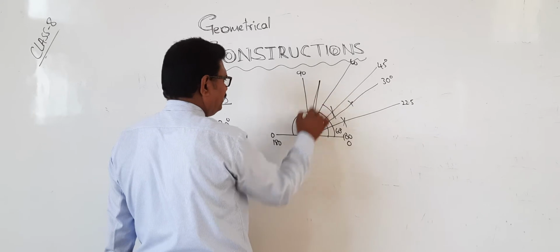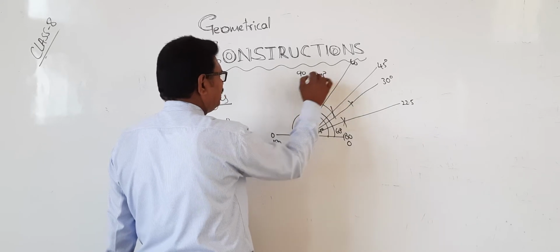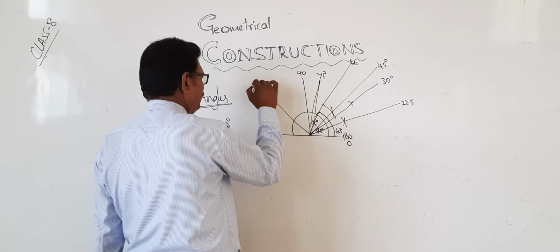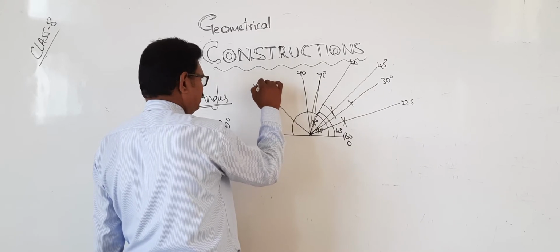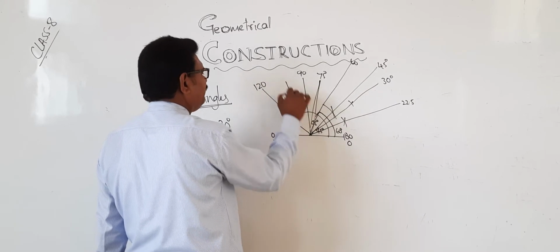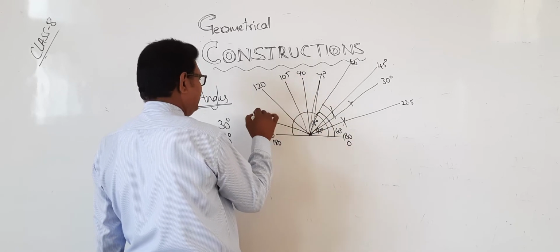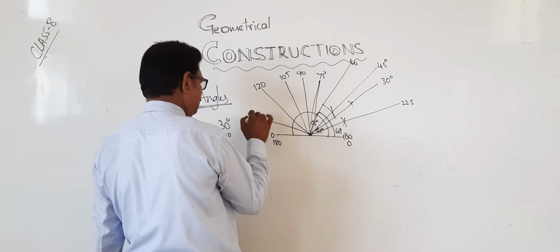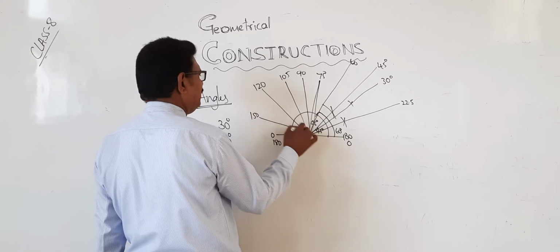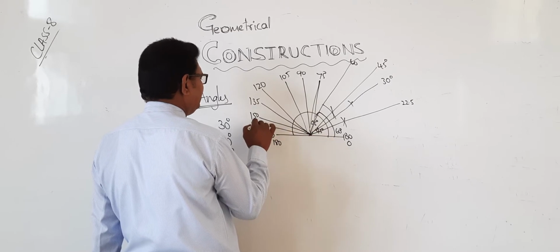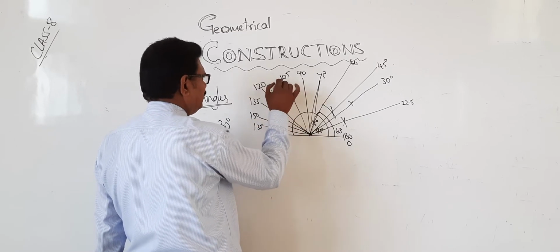When you do like this, it is 75. Like this, it is 120. If you do like this, 105. If you do like this, 150. If you do like this, 135. Okay?